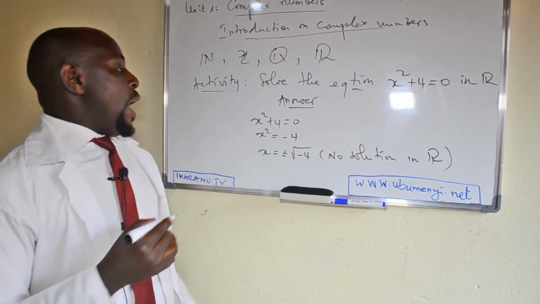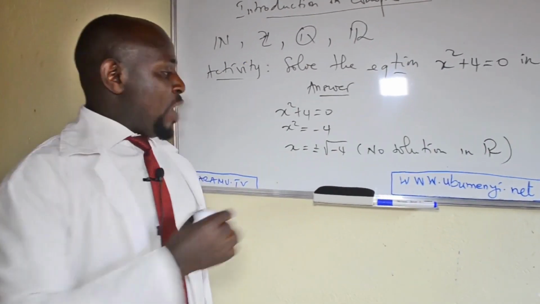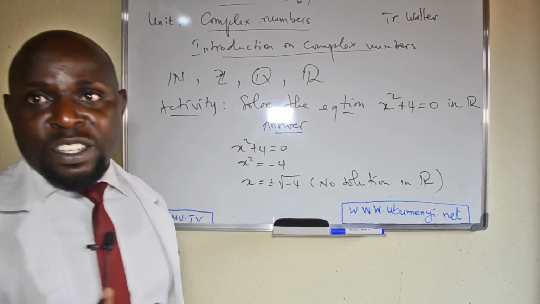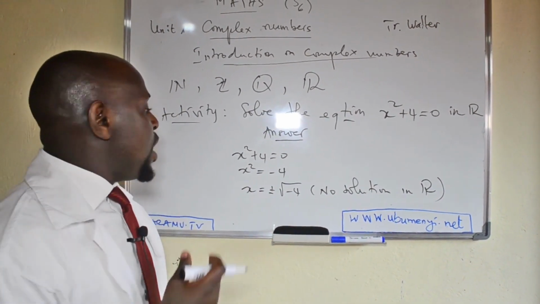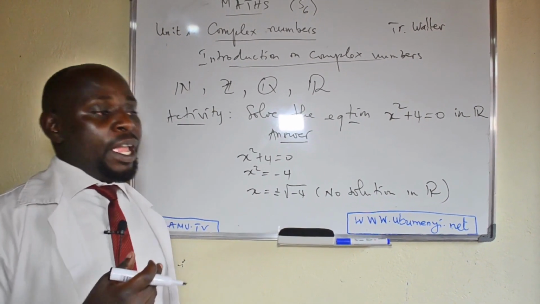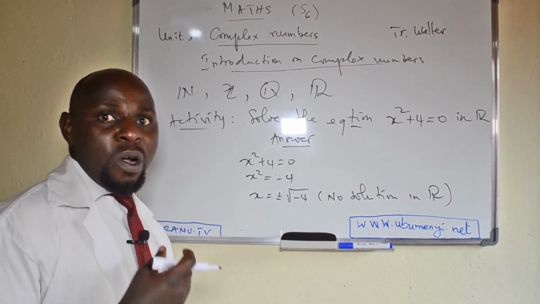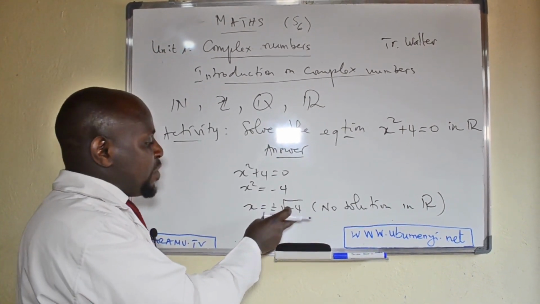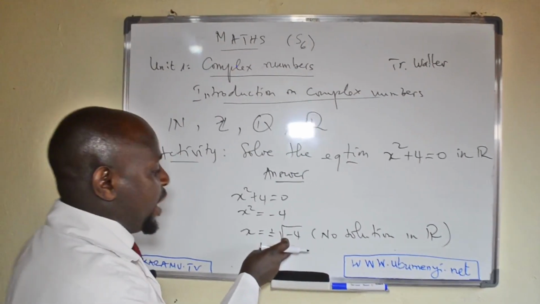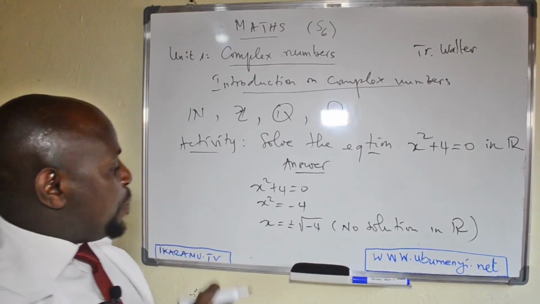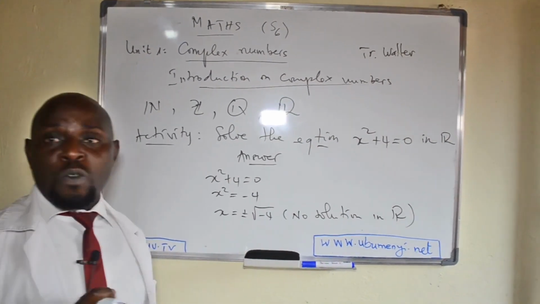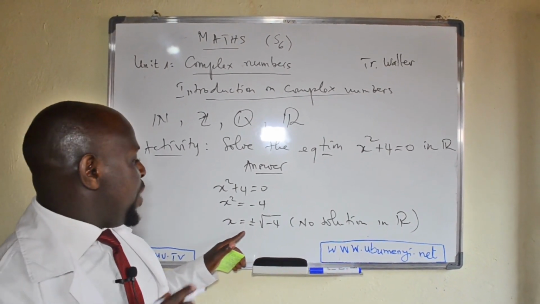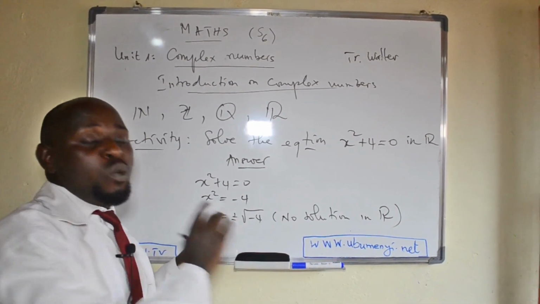So here, this was a big problem. It was impossible to find the square roots of negative numbers because they were used to finding the square roots of only positive numbers. So mathematicians, especially the ancient Greek and Italian mathematicians, invented another set which would help us find the square roots of negative numbers also, which means that the set of real numbers was not sufficient.